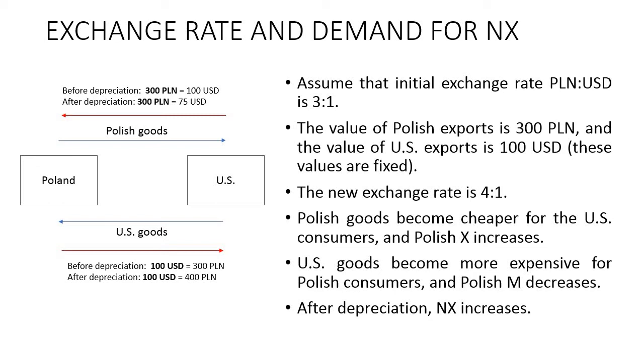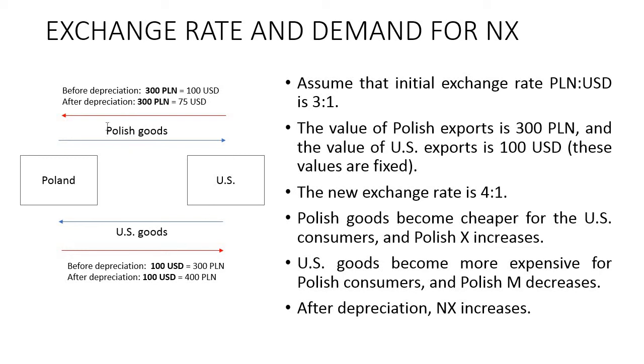So let's analyze a very simple example, just to understand this idea. Assume we have two countries, Poland and the United States. This stands for Polish exports and this stands for Polish imports.